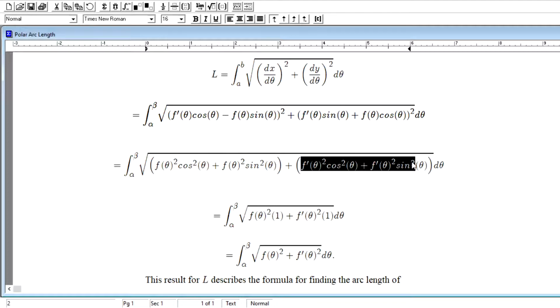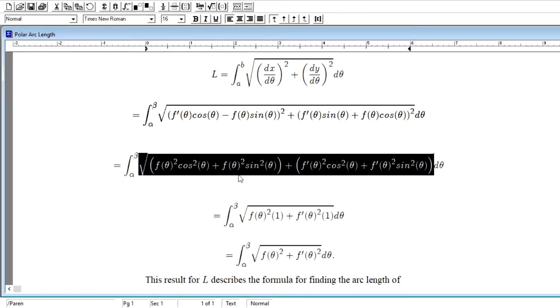And here you have a similar looking statement that involves f prime of theta squared that you can factor f prime of theta squared from each of these terms. When you do that in both cases, you'll be left with cosine squared theta plus sine squared theta, which is equivalent to 1 in value.